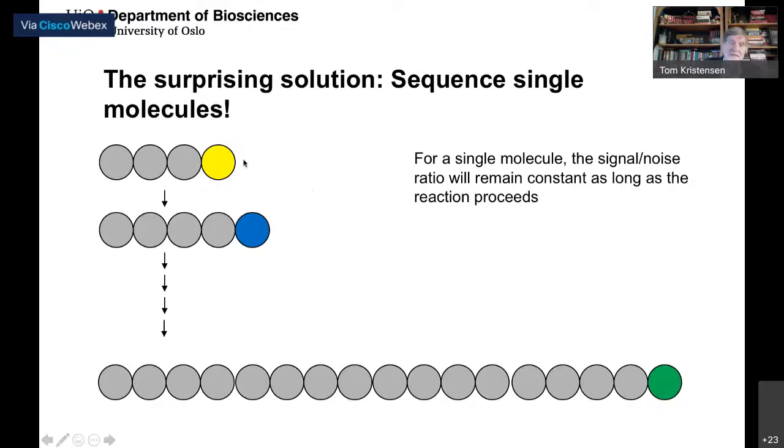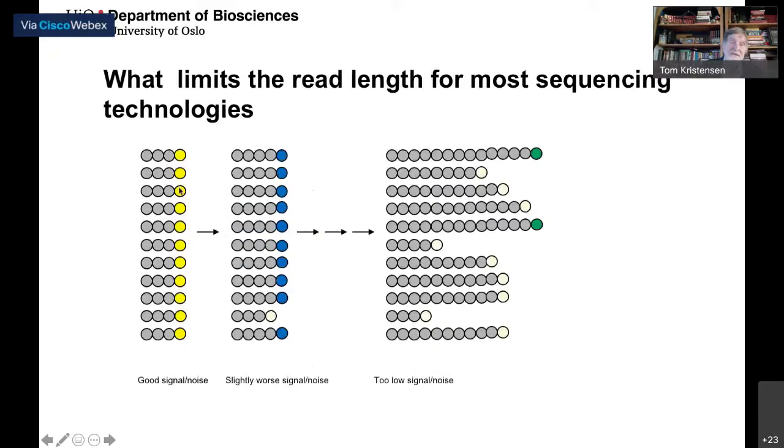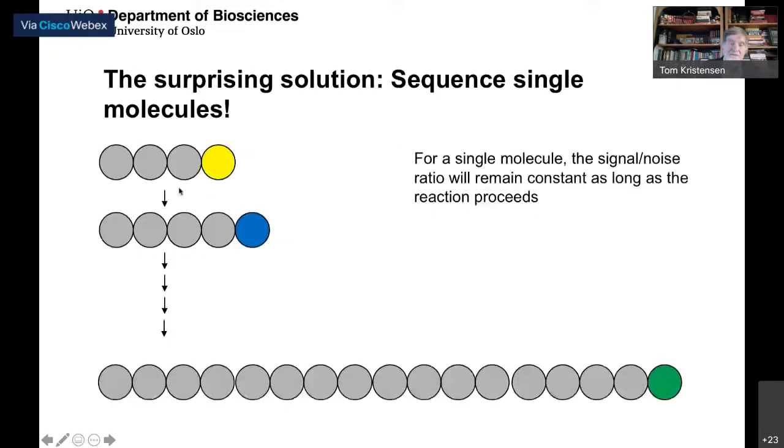And this is because, of course, as long as the addition of nucleotides here happens, it will continue. And of course, working with a single molecule, things can happen, which means that we no longer get any sequence here. Things are broken here. We never get to this stage.